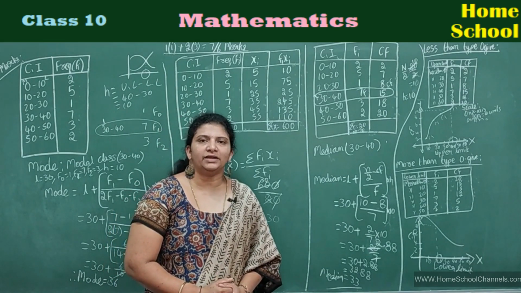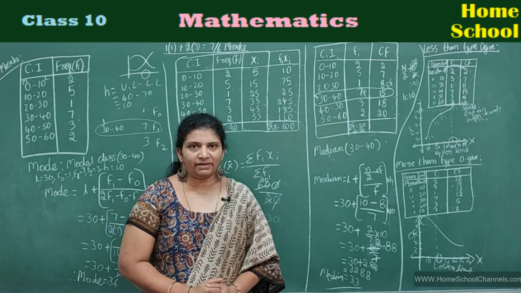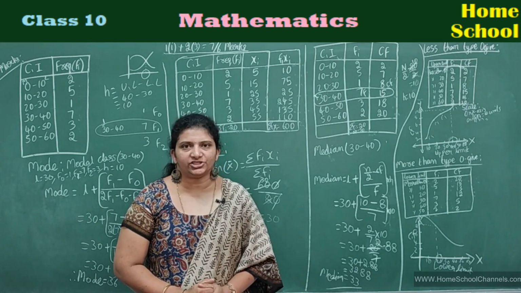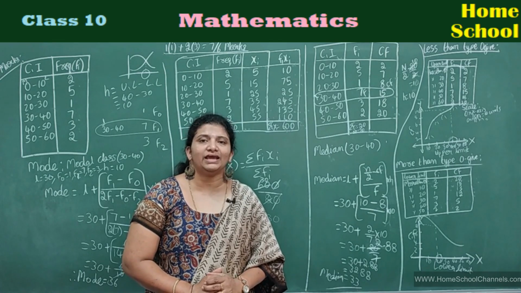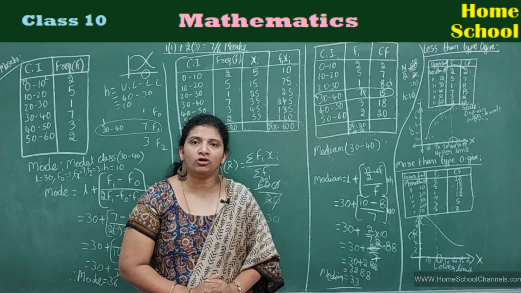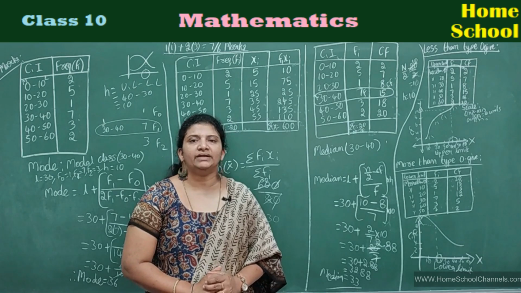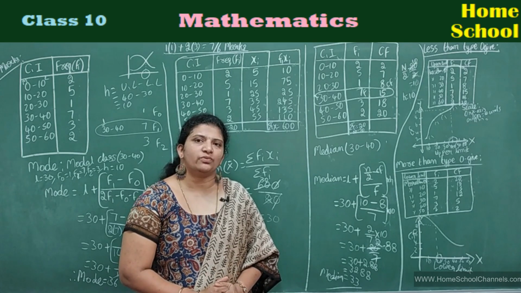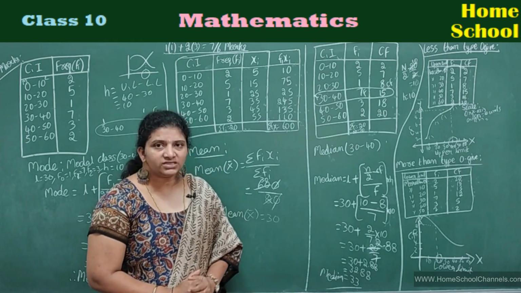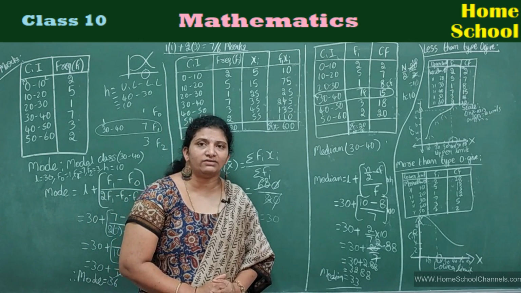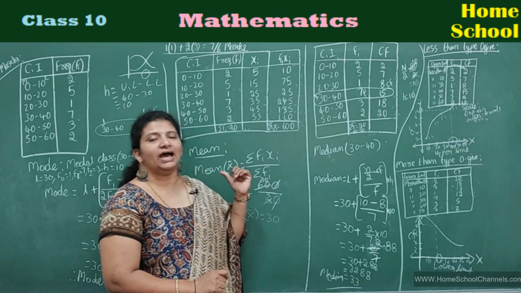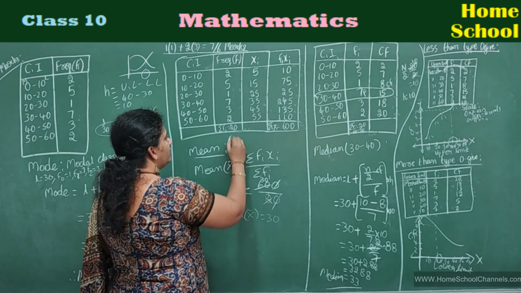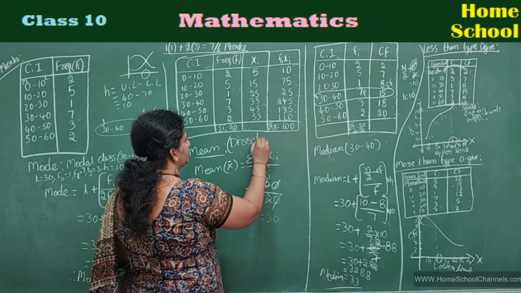In order to calculate mean, in our textbook, we have 3 methods: direct method, assumed method and step deviation method. Actually, we can choose any one method among those to calculate mean. But this year, according to the Karnataka State Board, the other 2 methods were deleted. So, in this board examination of 2021, we have only one method to calculate mean, that is the direct method.